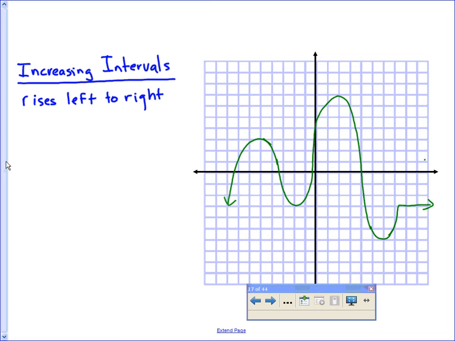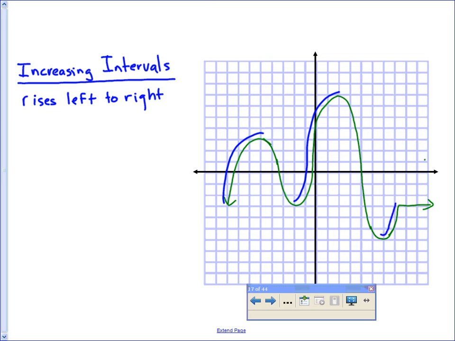So it looks like we are rising from left to right at this part of the graph, and then again in this part of the graph, and then again at this part of the graph. So we've identified 3 different areas where we're rising left to right, and those are increasing intervals.